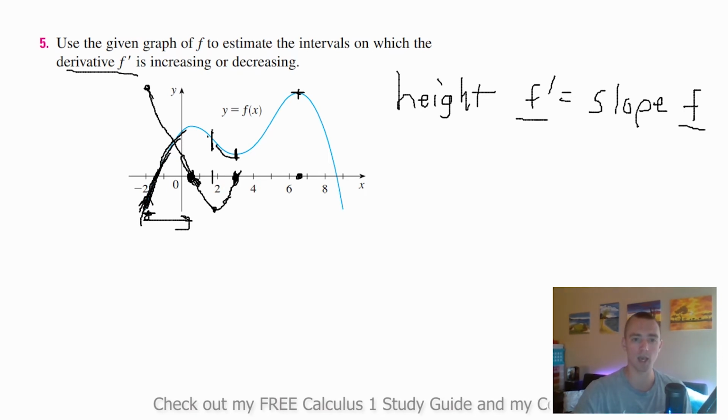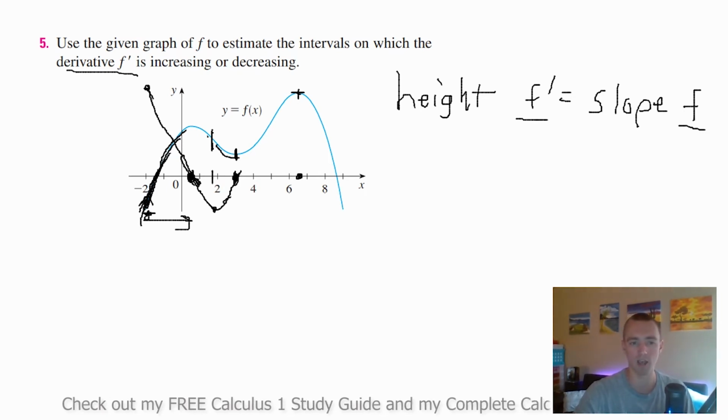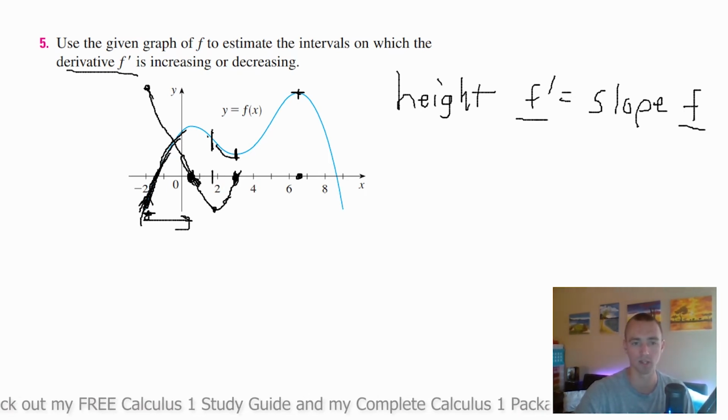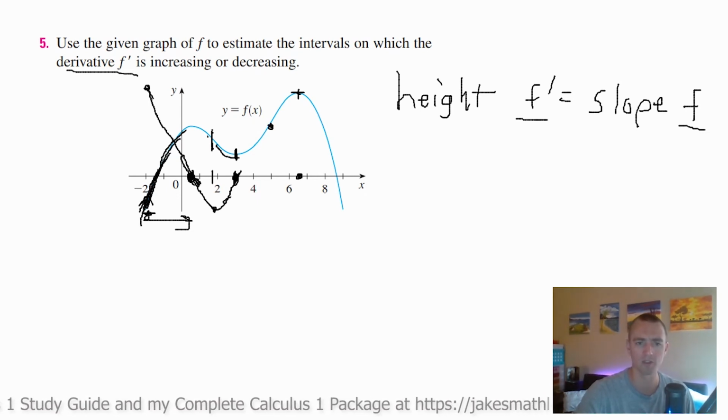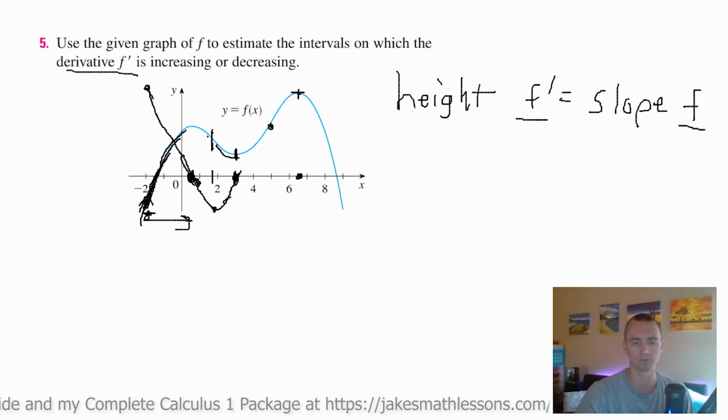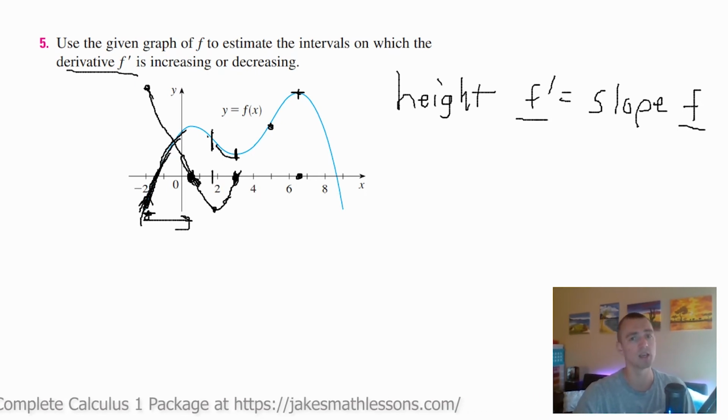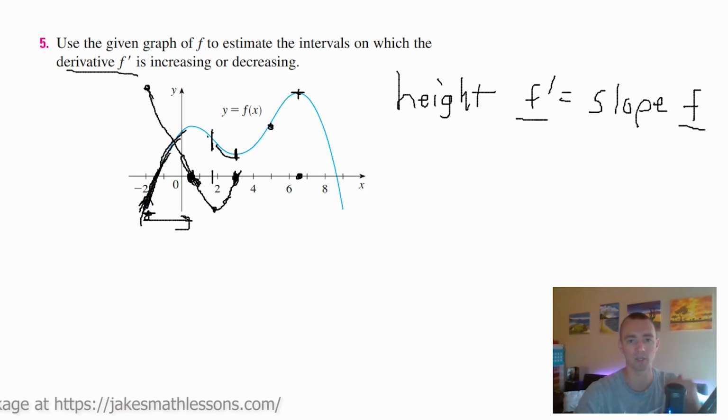And what we want to look at is where does f have the steepest slope in this little section here? Well, it looks like probably right about here. F is about as steep as it's going to get. So what that tells us is that f prime is as much positive, as high, because the height of f prime is just the slope of f.